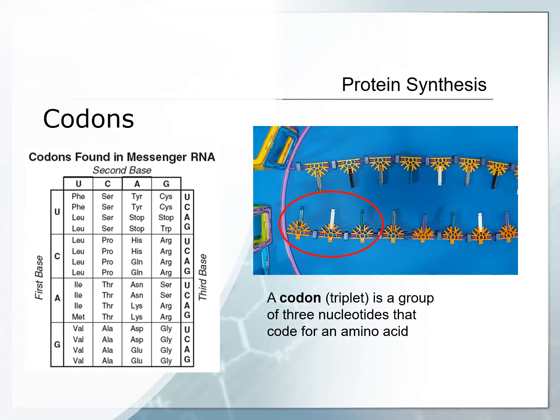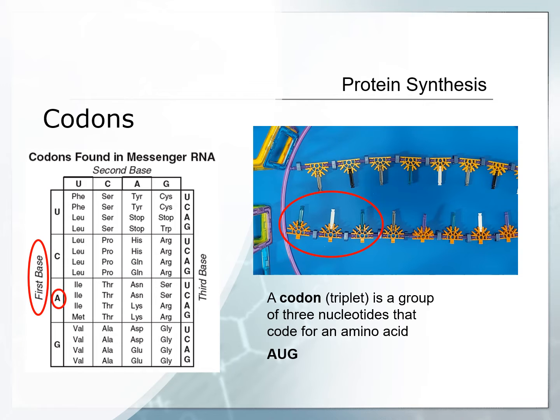mRNA is read in groups of 3 by ribosomes. The group of 3 nucleotides, or triplet, is called a codon. Scientists have figured out which amino acids attach to each codon and developed this chart. Let's say that you are trying to find the amino acid that matches up with the codon AUG. A is the first nucleotide in the triplet, so it is the first base.